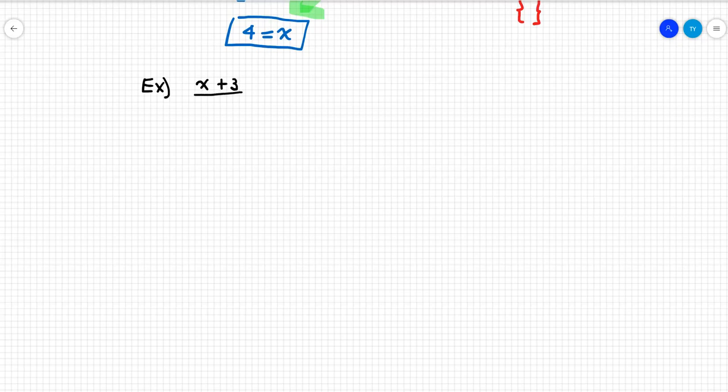So here I have x plus 3 over x minus 1, plus x plus 5 divided by x, is equal to 3x plus 1 over x minus 1.